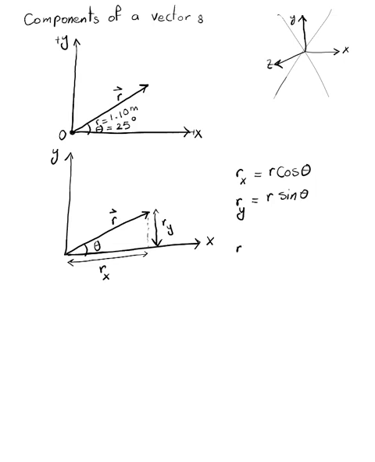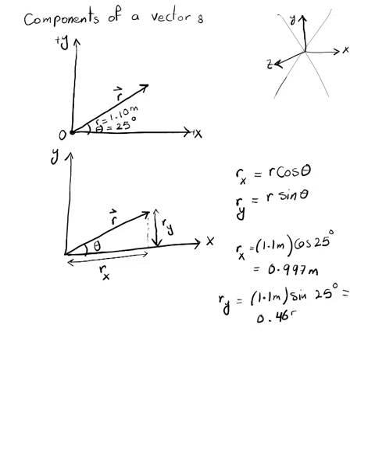So Rx is going to be 1.1 meters cosine 25 degrees, so it's going to be 0.997 meters.